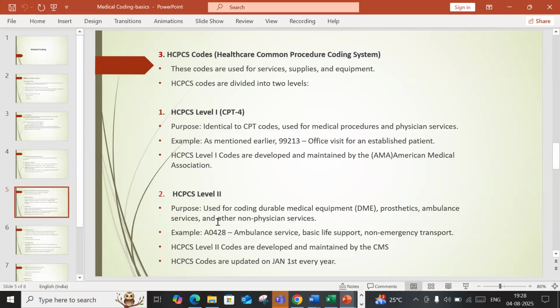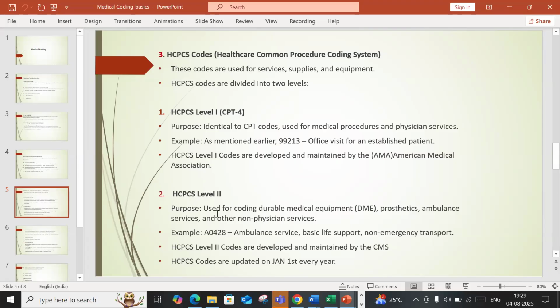The administration of saline is done by a nurse, so the nurse should also get some bill. And the saline bottle comes under product, so for that product the patient should also pay. Here the patient is not paying because he has an insurance policy, and the insurance company gives reimbursement.